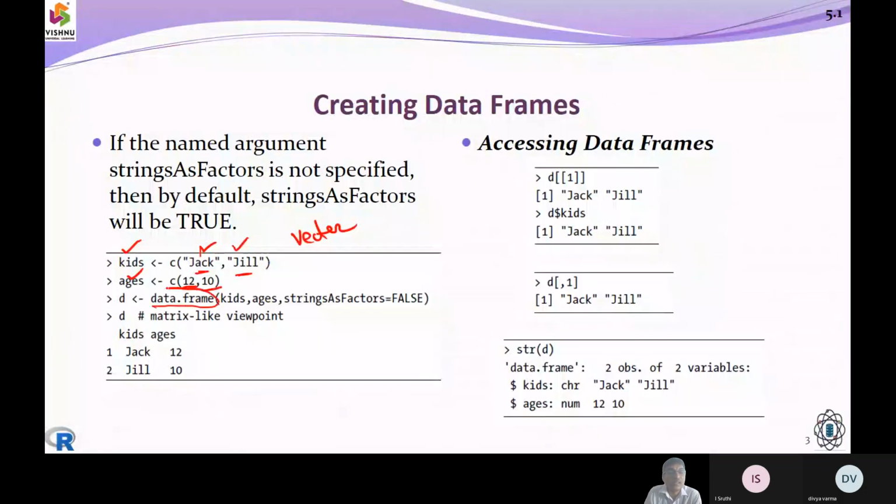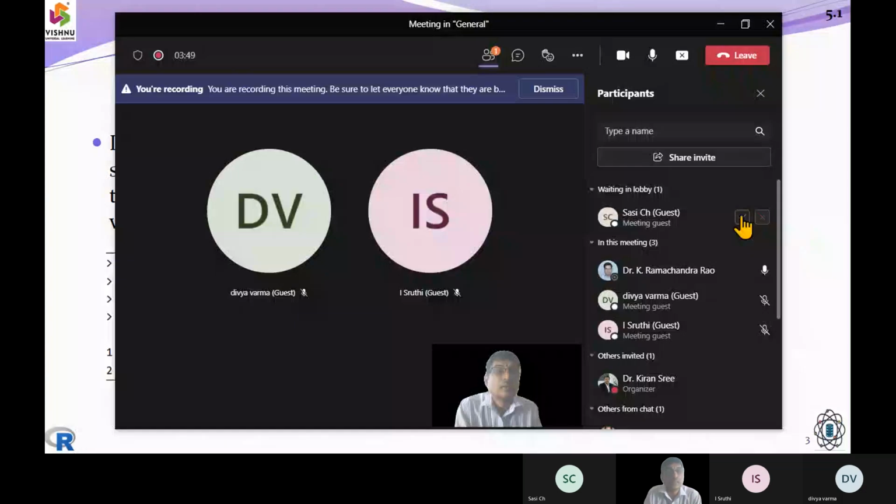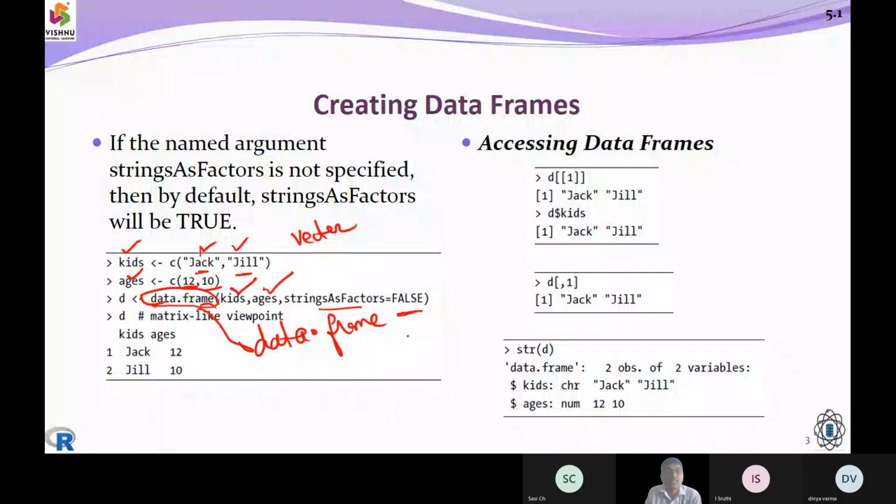The syntax we are going to emphasize is data.frame. Here we take a vector called kids, then another vector called ages, and then we say stringsAsFactors equals FALSE.